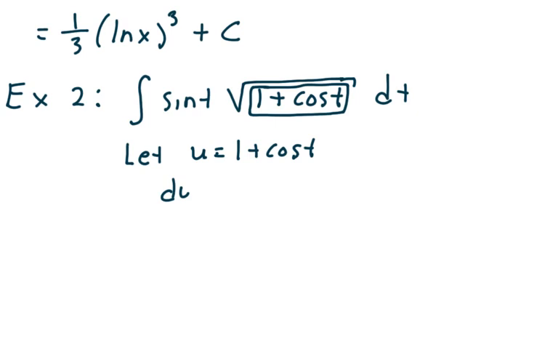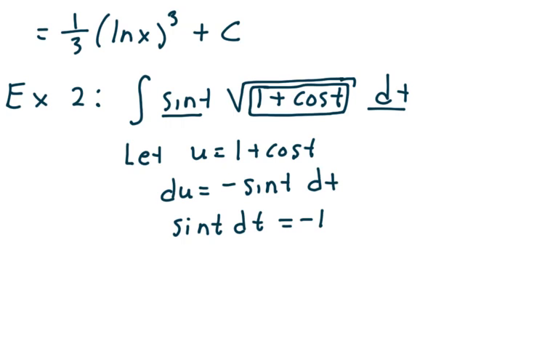Because du is going to be negative sine t dt. What I need to do is figure out what sine t dt is, so I'm going to solve for it. Sine t dt is negative 1 du. If we're off by a constant, that's okay, we can compensate for that.